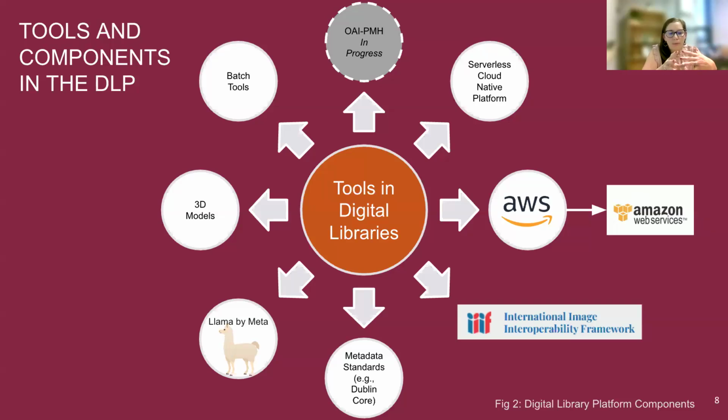But also we are working with the Virginia Maryland College of Veterinary Medicine, where we're providing 3D models of equine teeth, or they call them clackers, and they're going to use that as a teaching tool for students. So we're really leaning into 3D models to provide on the platform.